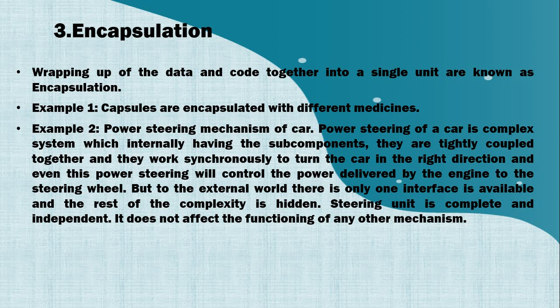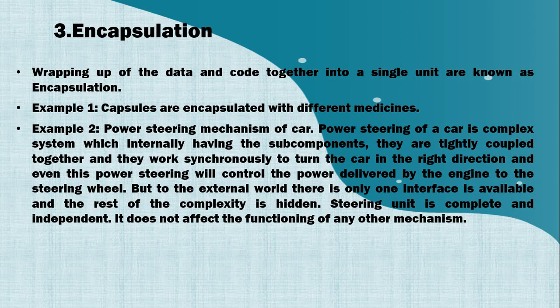Second example is the power steering mechanism of a car. The power steering mechanism is considered a complex system which internally has many subcomponents. They are tightly coupled together and work synchronously to turn the car in the right direction. This power steering also controls the power delivered by the engine to the steering wheel.